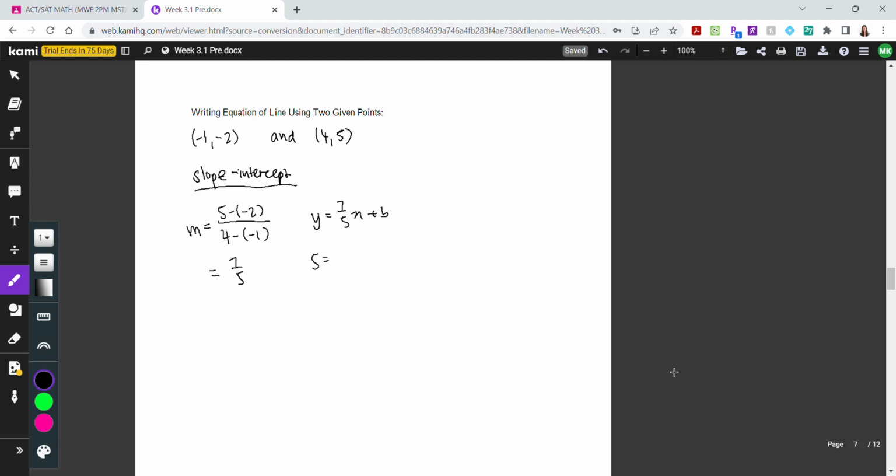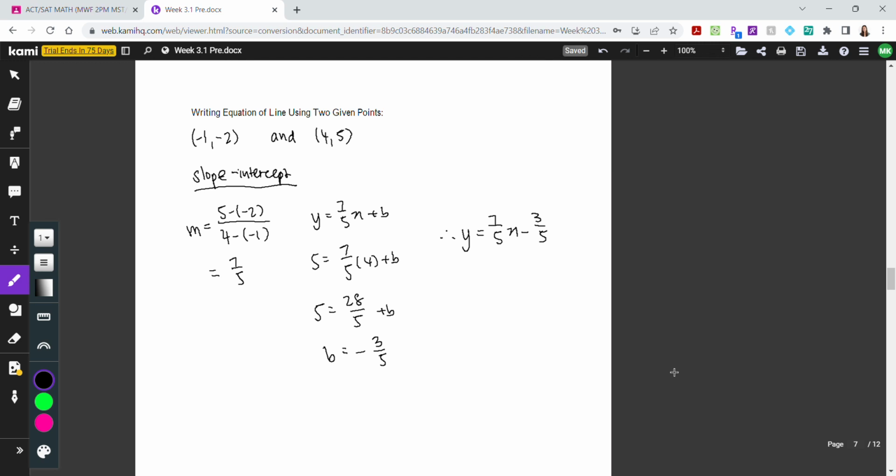So we have 5 equals 7 over 5 times 4 plus b. 5 equals 28 over 5 plus b. b would then equal negative 3 over 5. And so that means my equation is going to be written as y equals 7 over 5x minus 3 over 5 in slope-intercept form.